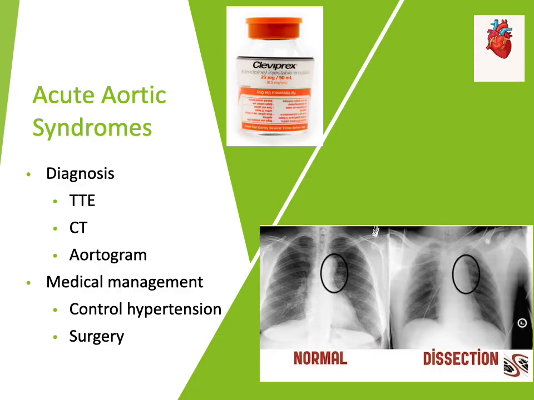So for assessment and diagnosis, it's going to depend on severity of the patient's status. A TTE may be performed, gold standard CT when patient's having symptoms suspected of it, or ultrasound or MRI, and then potentially having an angiogram to confirm diagnosis.